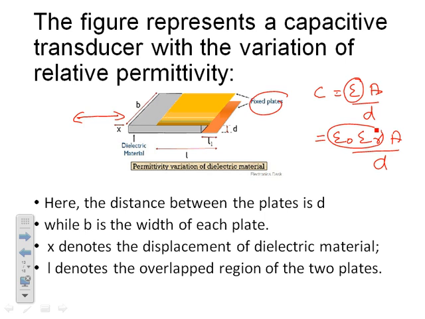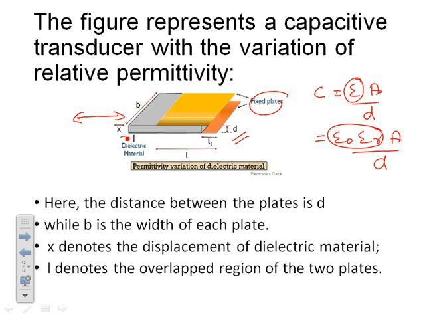The distance between the plates, D, is a constant value, B is the width, X denotes the displacement, and L denotes the overlap region of the two plates.